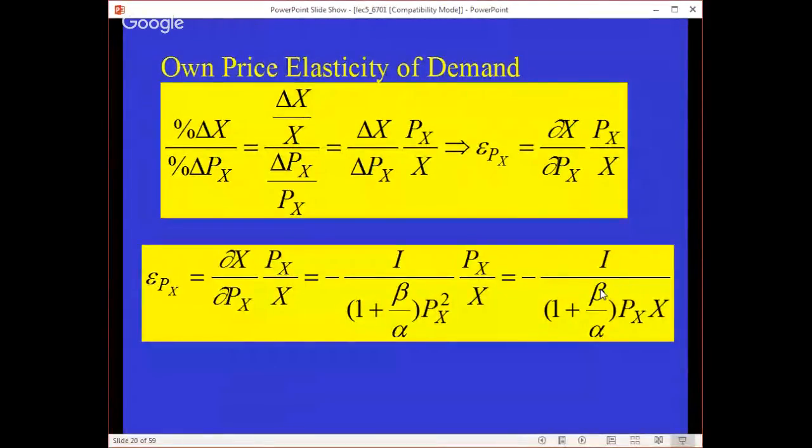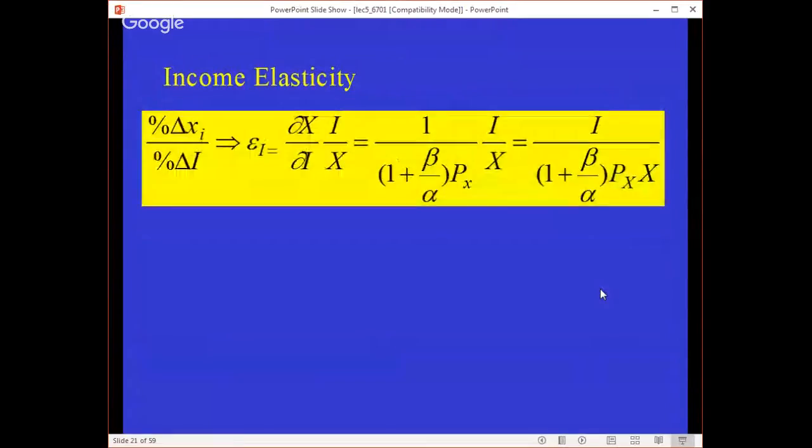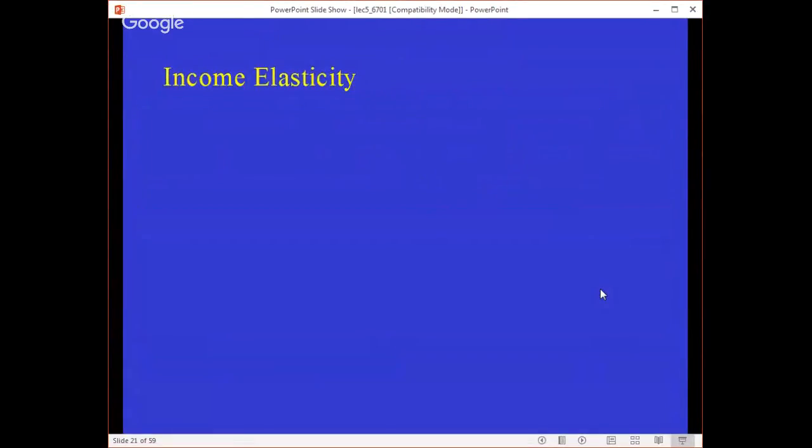The next thing I would like you guys to do is to derive income elasticity. So, going back to our original Marshallian demand formula. Over alpha or PX.